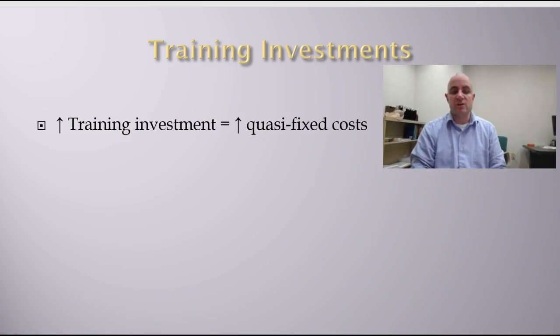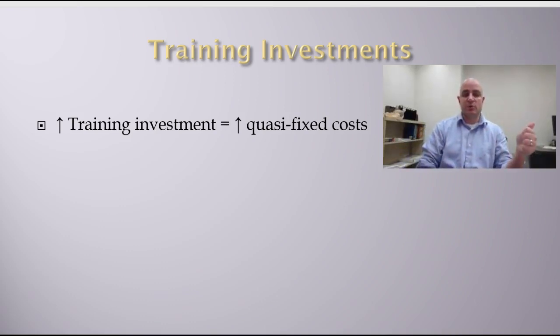If the employer bears all the cost, then what do they get out of it? They're bearing all the costs, and the employee is just reaping the benefits. So why would they do this? They wouldn't. So they need to find some way where they bear some of the costs and the employee bears some of the costs. We're going to talk a little about that.